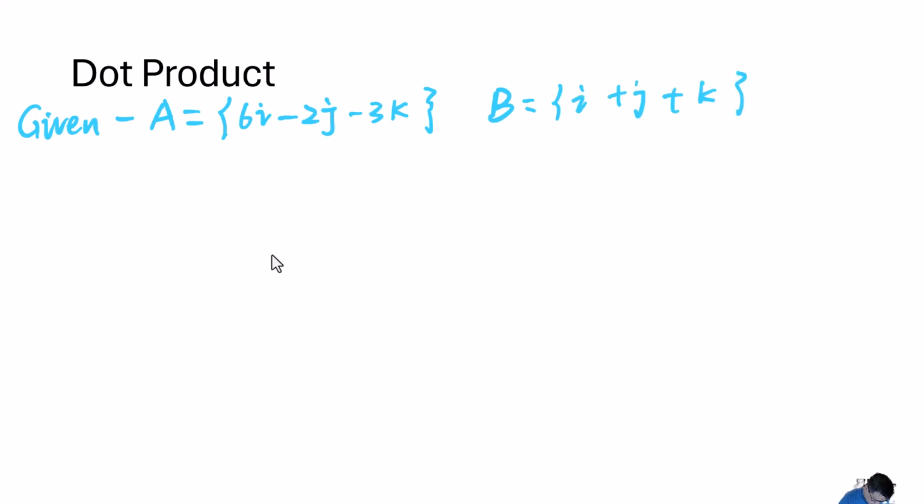Given A, which is 6i minus 2j minus 3k, and B vector, which is i plus j plus k, let's find theta.